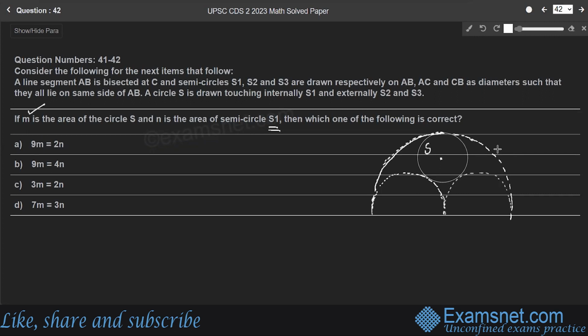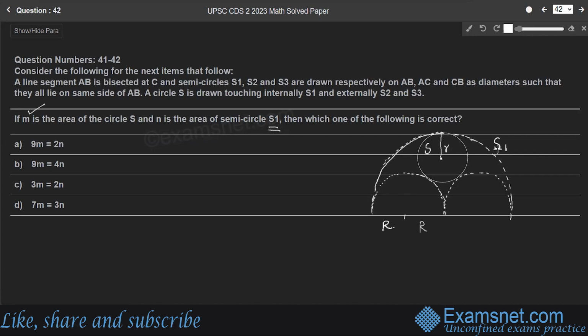According to the given information, small r is the radius of the circle S and capital R is the radius of the semicircle S2. Here the area of semicircle S1 is asked. We'll consider S1, the semicircle; its radius becomes 2 times r.